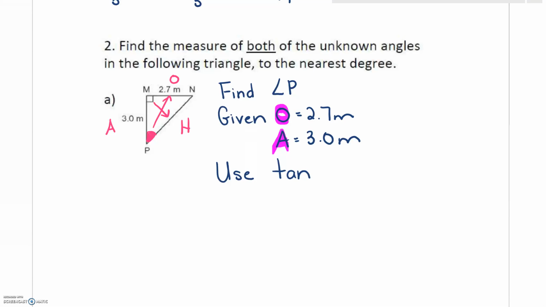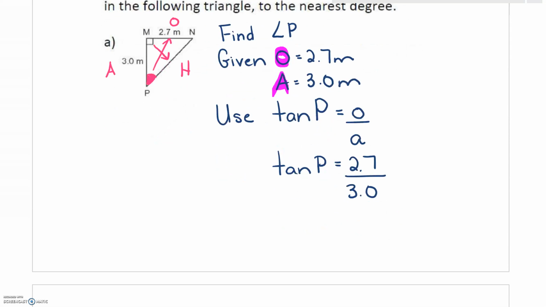It's not given. So you write the angle that you're finding. And don't forget to use capital letters. Okay? So tan of P equals opposite over adjacent, because that's the ratio for tan. Tan of capital P. Now we have the opposite, it's 2.7, and we have the adjacent, which is 3.0.